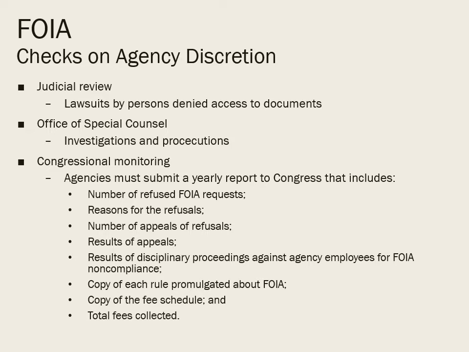It can initiate disciplinary investigations against agency employees who arbitrarily withhold records, and the special counsel can force an agency to follow its recommendation about disclosure under FOIA. In addition, agencies have to submit yearly FOIA reports to Congress, covering the number of FOIA requests they refused, the number of appeals they refused, etc. So there are these checks on agency discretion.